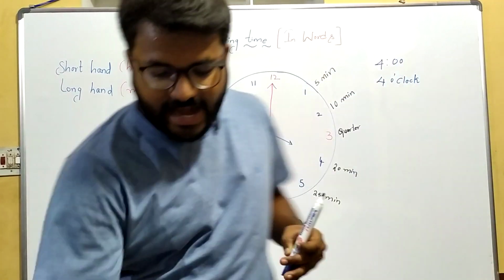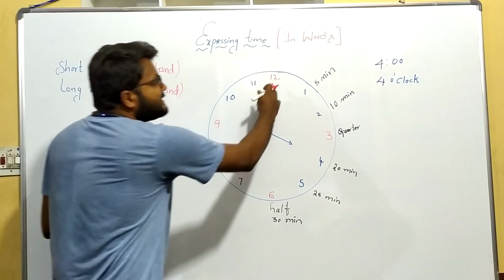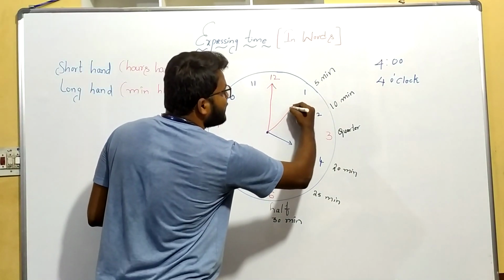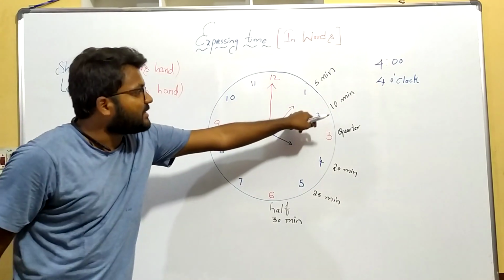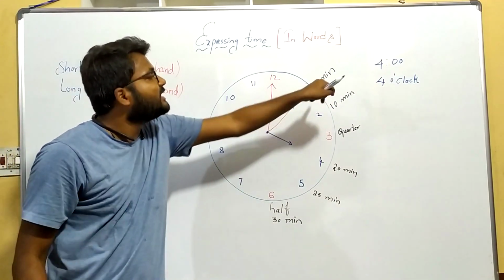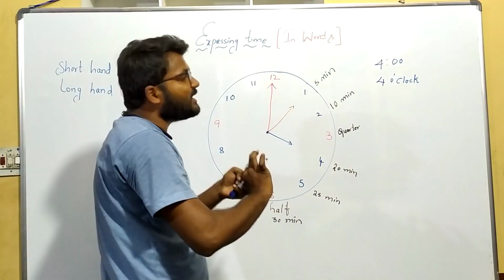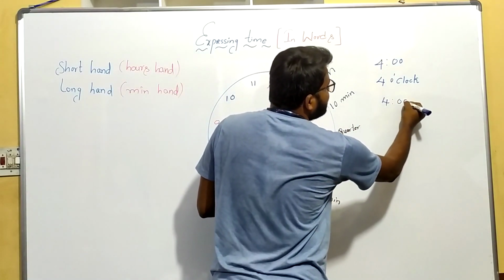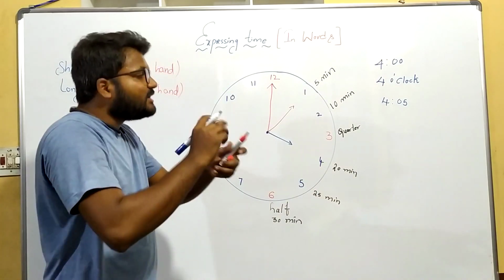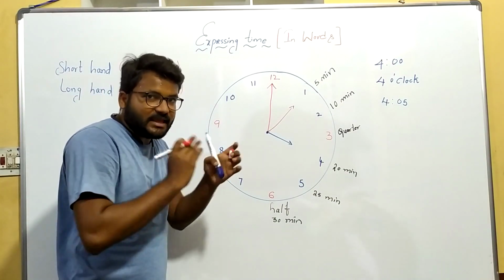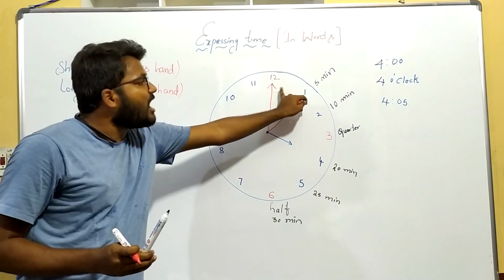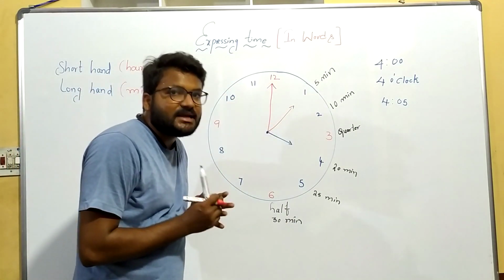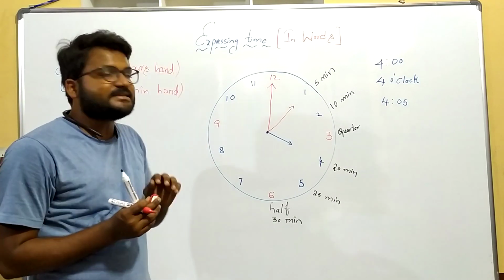If the long hand passes this 12 and comes to here, this represents 1. In minutes, it is 5 minutes. In numericals, we write that as 4 hours, 5 minutes. Like this, right? So in words, after 4 o'clock, how many minutes did the long hand pass? 5 minutes, right?